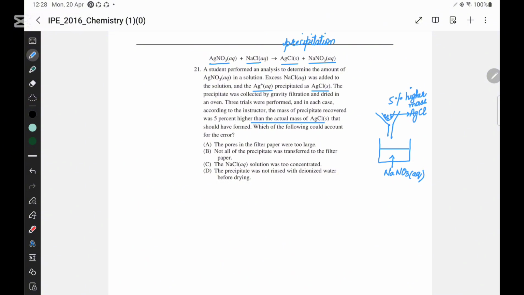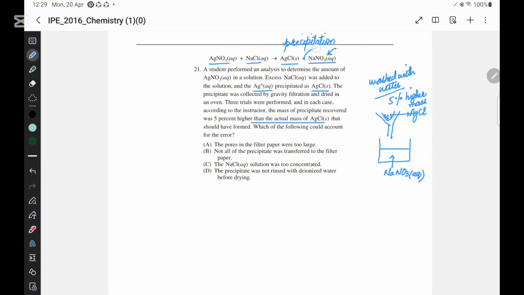After AgCl precipitates have been formed, they need to be washed with water so that if there is any NO3 salt on them, it would be removed.